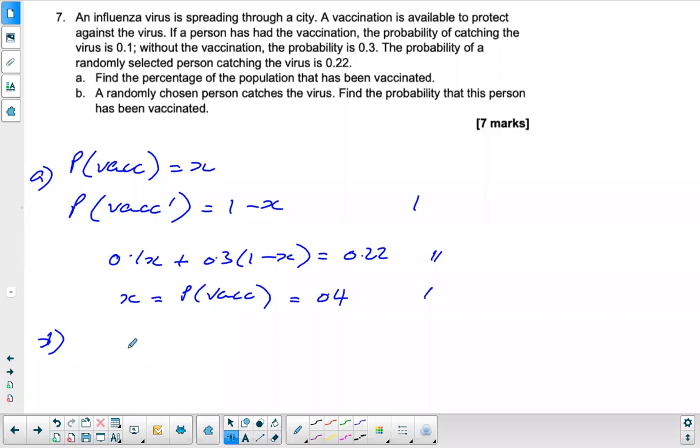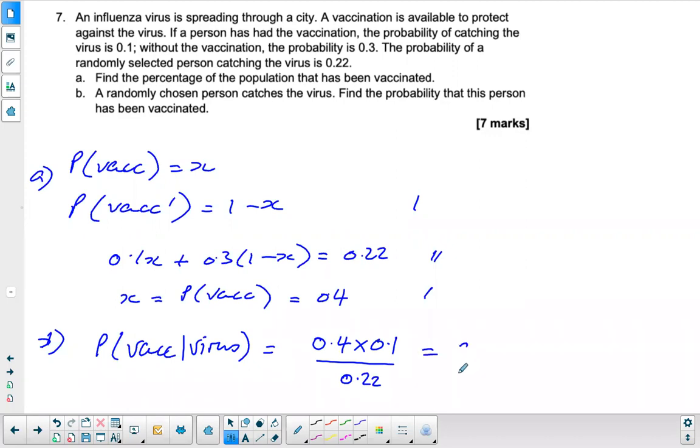We need to find the probability that they are vaccinated, given that they have the virus, and that's equal to 0.4, the probability they're vaccinated, times the probability that they have the virus, divided by the expectation that they have the virus, which is 0.22, and that comes to 2 out of 11. 2 marks for setting that up, one for the numerator and one for the denominator, I suspect, and 1 for the final answer.